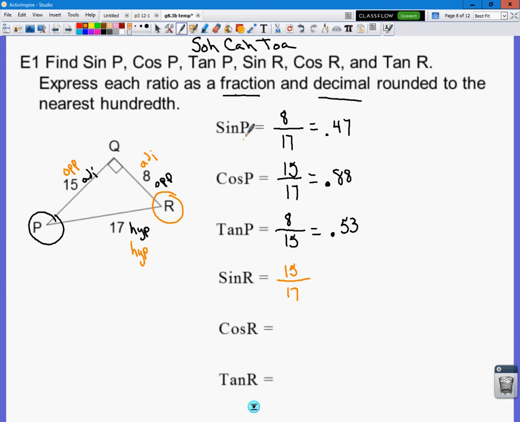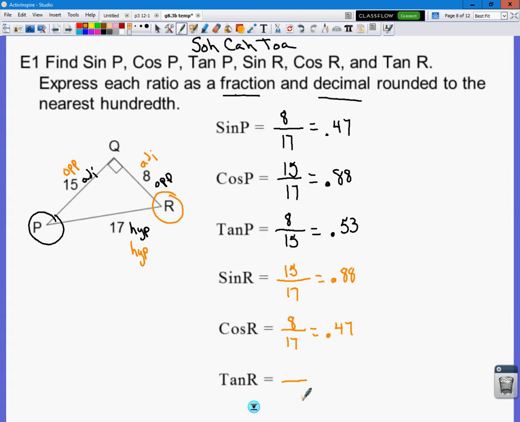Does everybody see that we've seen that before? The sine and cosine are going to flip on the other angle. This is going to be 0.88. What's the cosine of R going to be? It's going to be what the sine of P was. This is going to be 8 over 17. So sine and cosine kind of got flipped around.